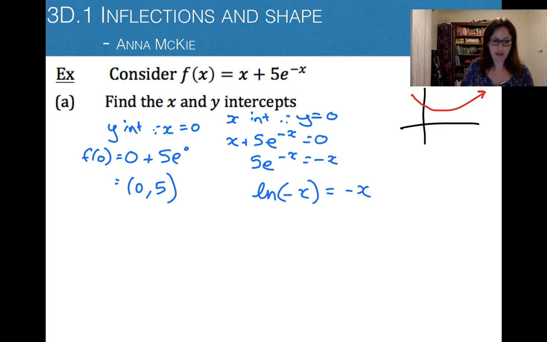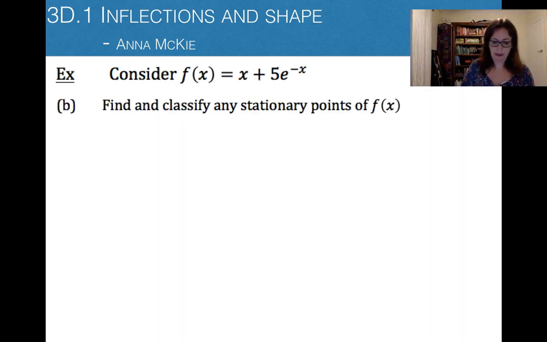Hopefully you know that ln x is always greater than 0, so therefore it can never be negative, so we actually have no x-intercepts, and that matches what we were expecting.